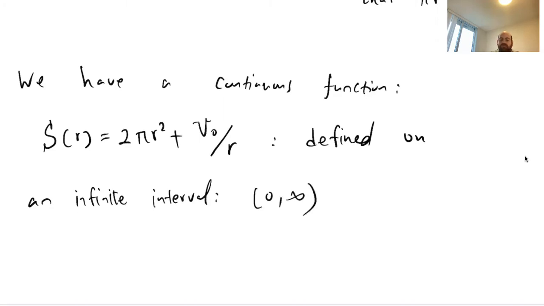So finding the maximum and minimum is not as simple as before, because previously we had a continuous function defined on a closed finite interval, but here the interval is not closed and is not finite either.